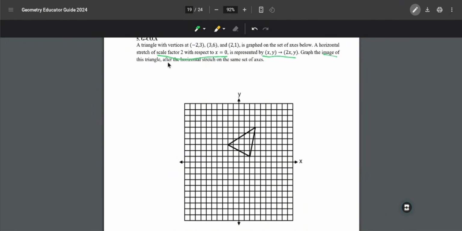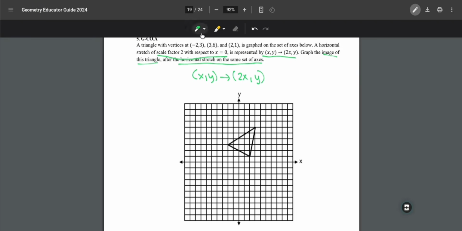Graph the image of this triangle after the horizontal stretch on the same set of axes. So they tell us we're having a dilation, a stretch, a horizontal stretch. And they tell us what that horizontal stretch means. It means that if my original coordinates were x, y, my new coordinates are going to be 2 times x and then the same y value.